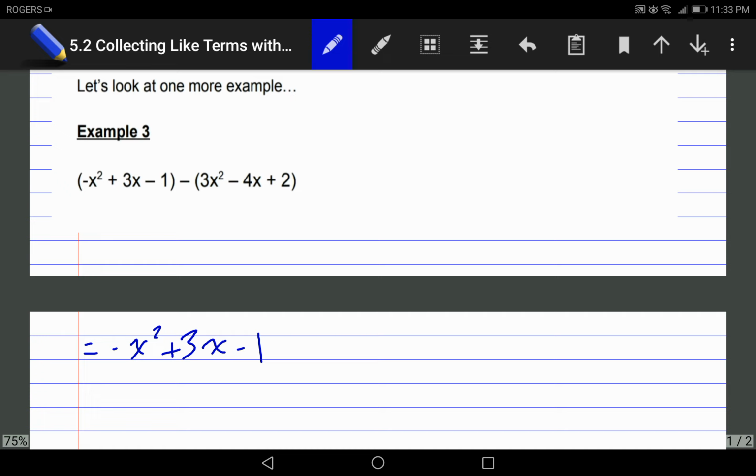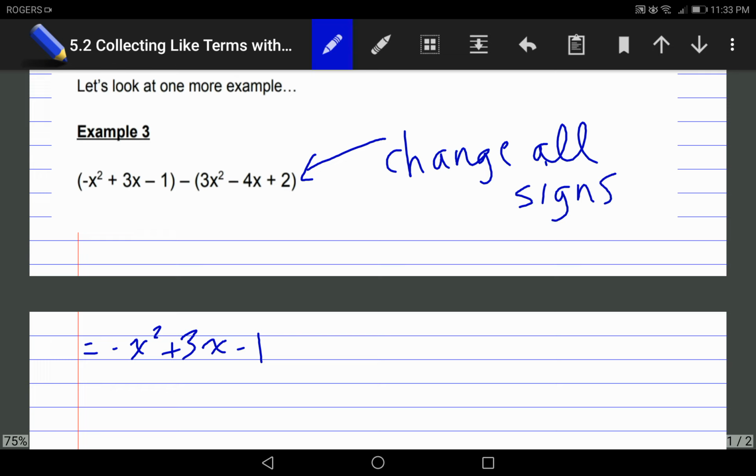The second bracket, we can also just drop the brackets, but the difference is change all the signs. Why is that? Well, let's do this step by step again. Because it becomes minus 3x squared. Okay, but then it's also minus negative 4x.